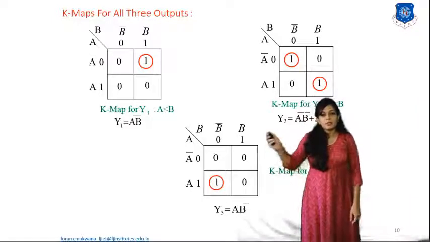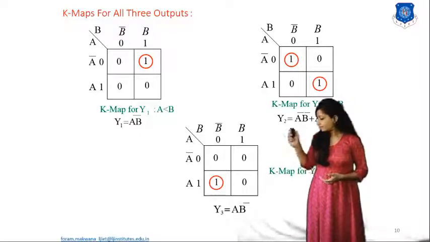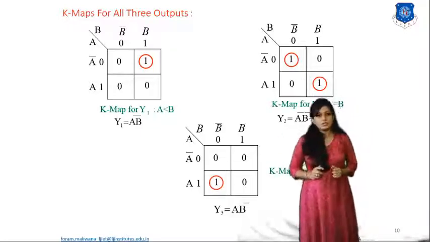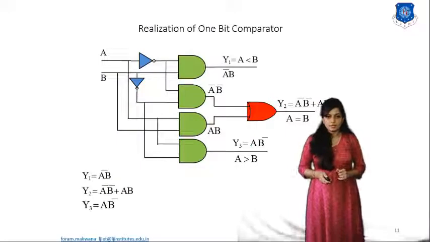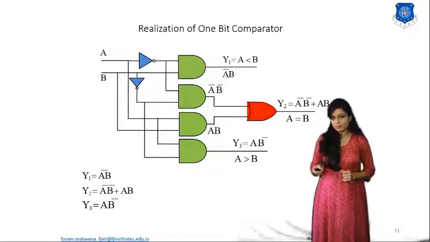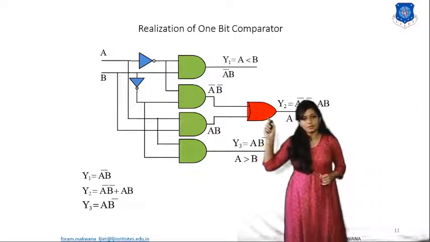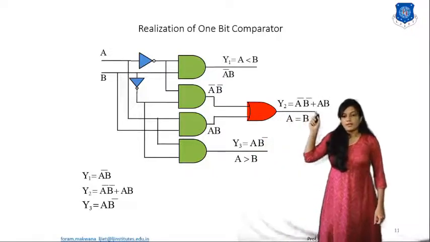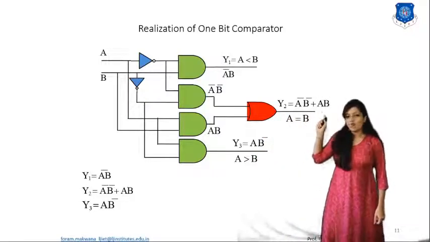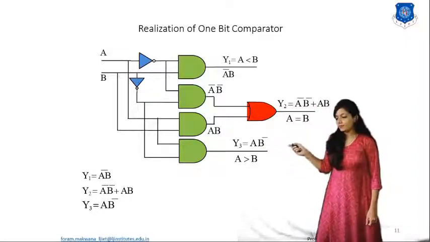Right? So now our next task is to design the combinational circuit. For Y1, the output is A dash B. For Y2, it is nothing but the XNOR gate, and for Y3 it is A B bar.